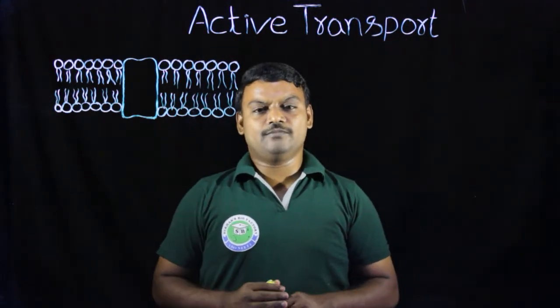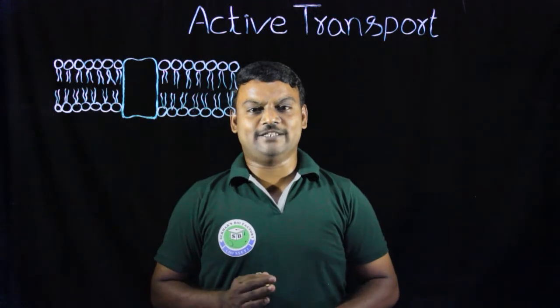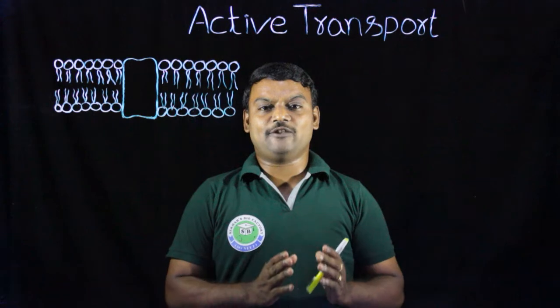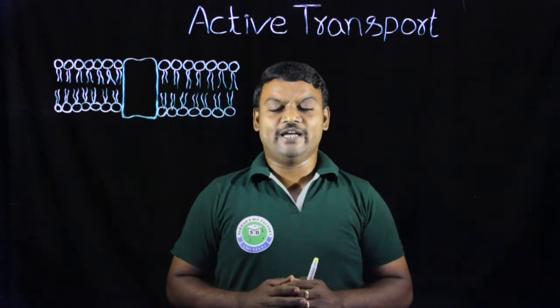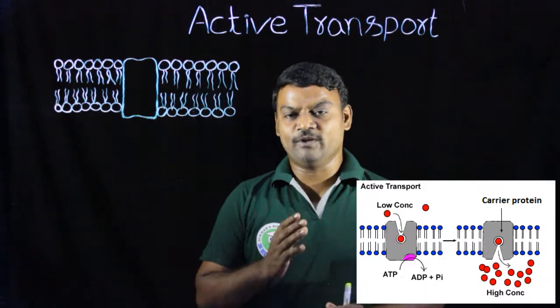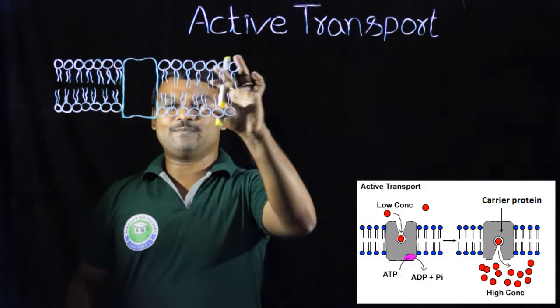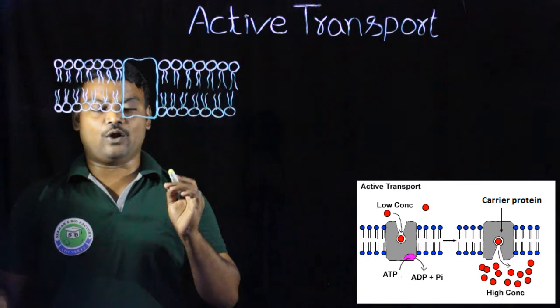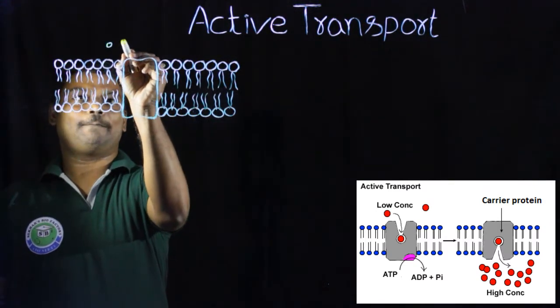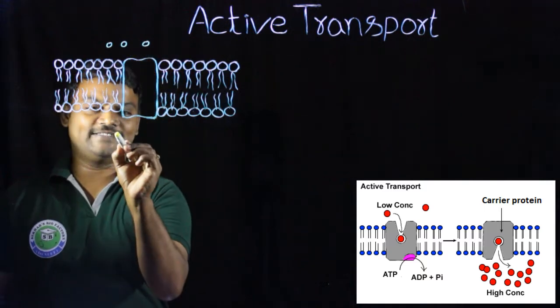In the active transportation method, the entire transportation of molecules always takes place against the concentration gradient. For example, take the plasma membrane present around the living cell. Here is the outer side of the plasma membrane and here is the inner side.